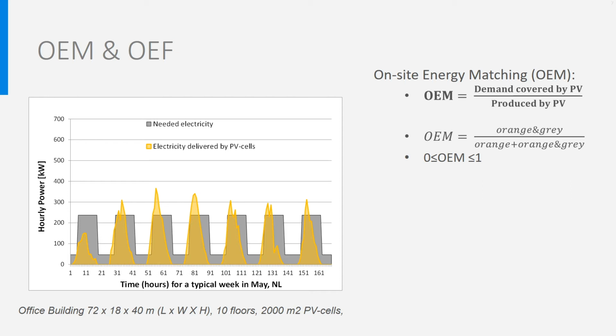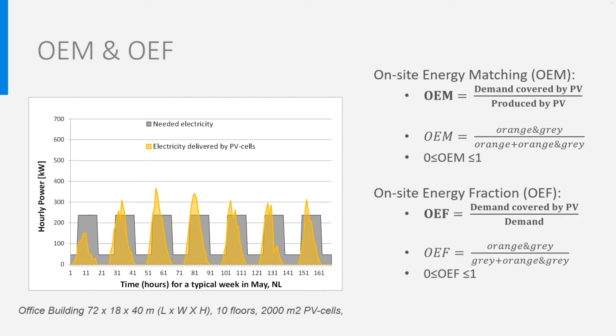One could also say that 1 minus OEM gives the potential for electricity storage, or for selling the electricity to the grid. The OEF is the on-site energy fraction and is the fraction of the needed electricity that is covered by the PV cells. In the graphic, it is the orange and gray domain divided by the sum of the gray and orange-gray parts. When the OEF is 0, the mismatch is complete, and when OEF is 1, all electricity needed by the building is covered by the PV cells.